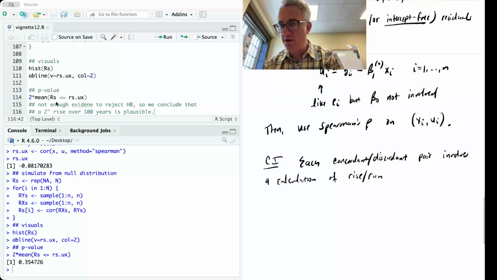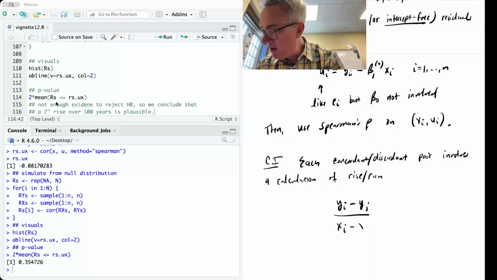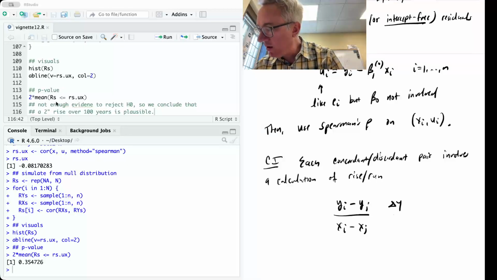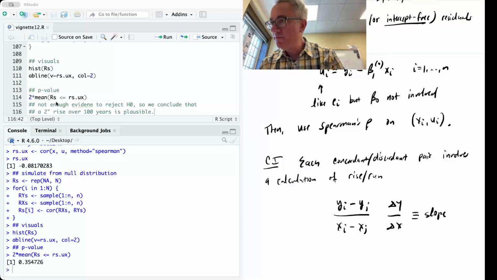When we calculate concordant and discordant pairs, we look at yi minus yj divided by xi minus xj. So that's a change in y over a change in x, right? It's a delta y over delta x, so it's basically a slope.